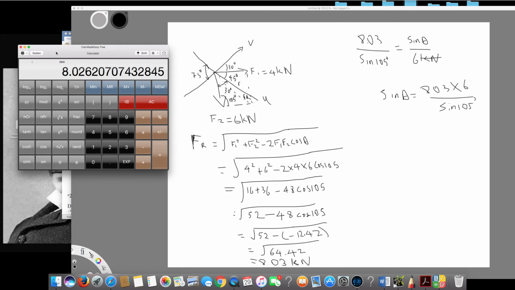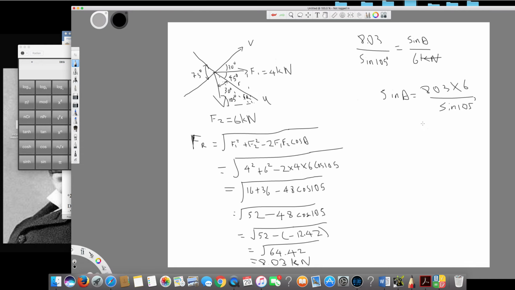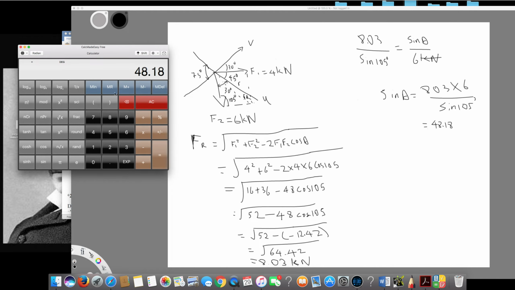Let's see what it gives. 8.03 multiplied by 6 is 48.18. 48.18 divided by sine 105.